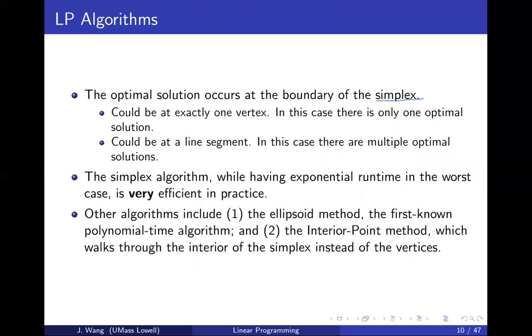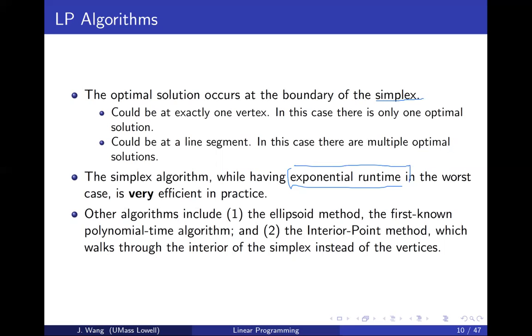Before we do that, we would like to mention that in addition to the simplex algorithm, which is extremely efficient in practice, it is unfortunately exponential time in the worst case. However, I want to mention that the exponential time bound in the worst case only comes from man-made problems, from man-constructed problems.